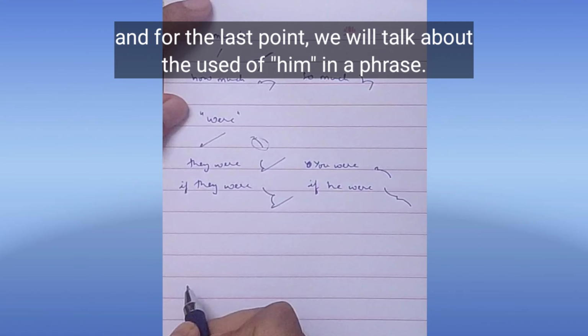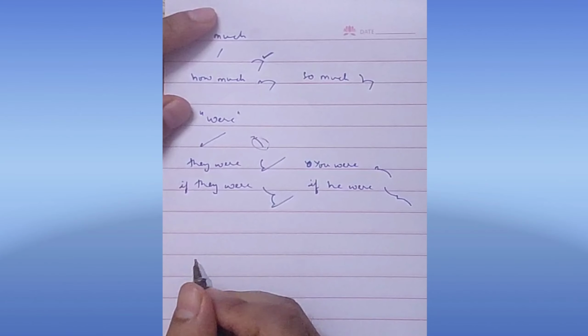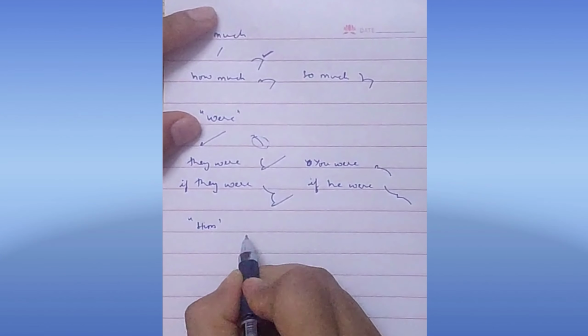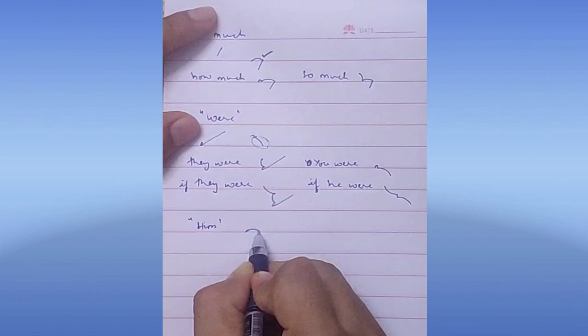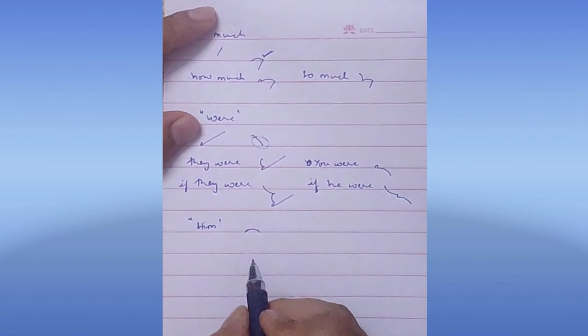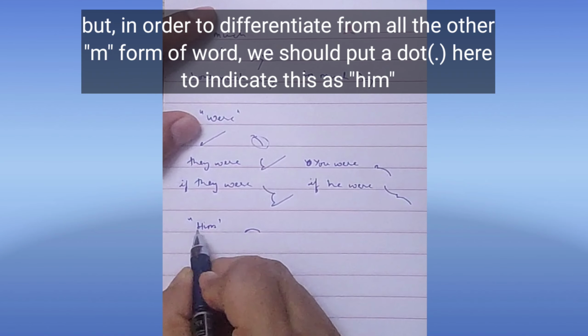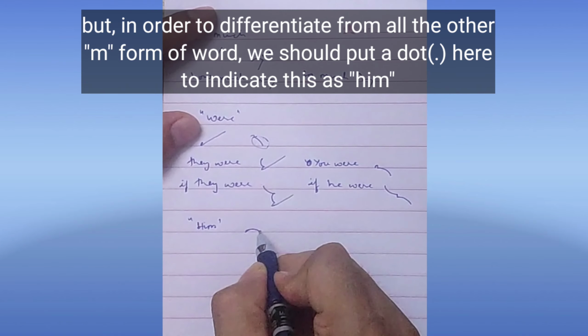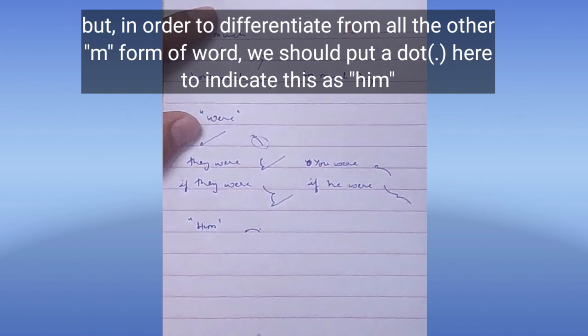And for the last point, we will talk about the use of "him" in a phrase. "Him" is written like this, but in order to differentiate from all the other M forms of words, we should put a dot here to indicate this is "him".